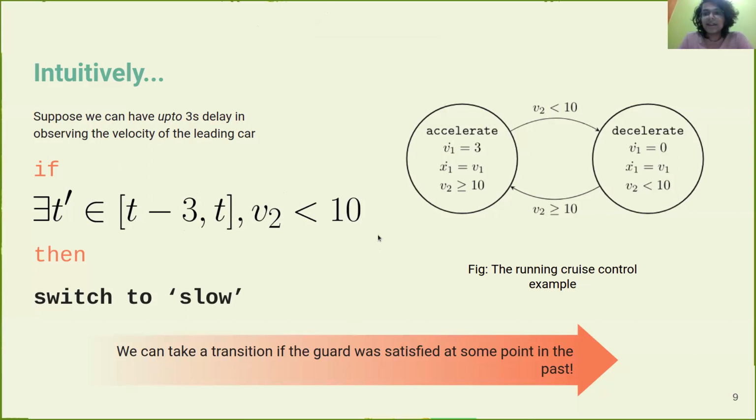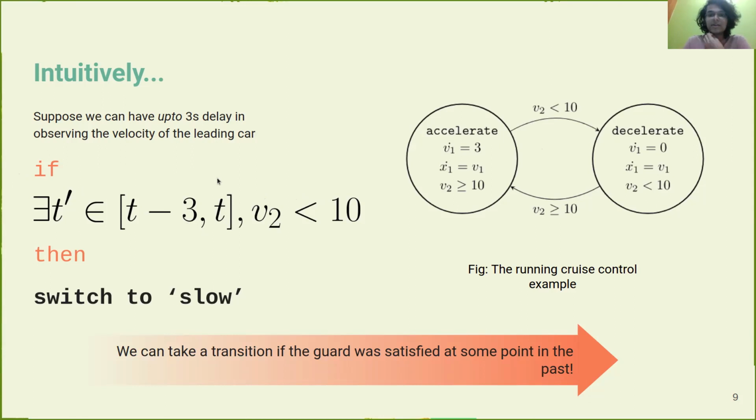Now, this again intuitively captures the delay on the observation of the velocity v2, in the sense that we are evaluating it at a time in the past, which means that this system is observing a past value of the velocity v2.